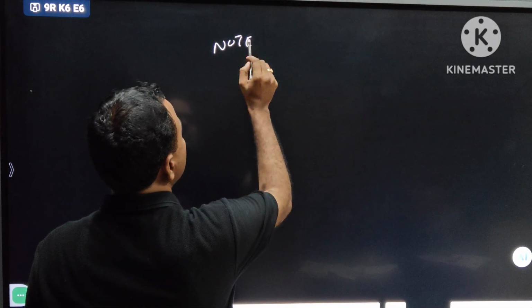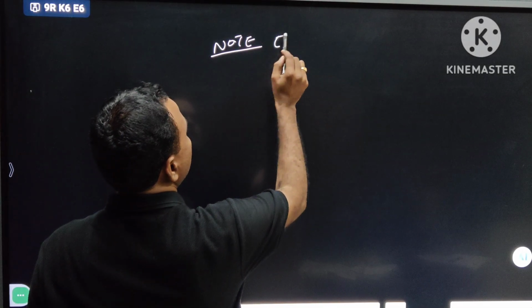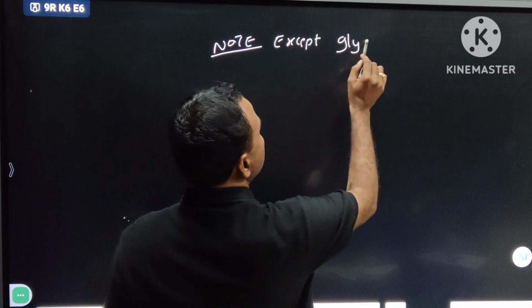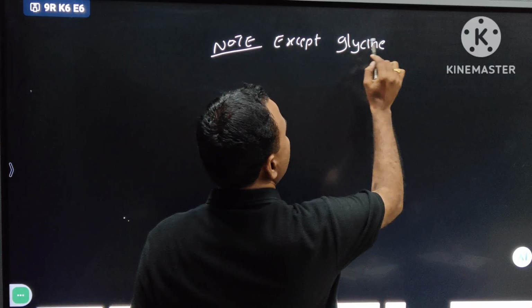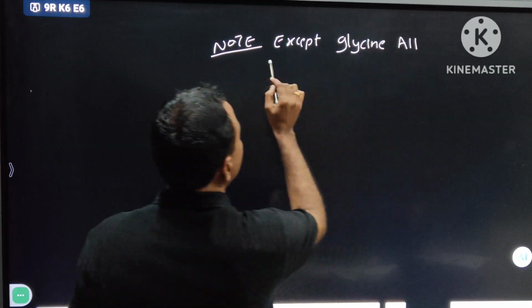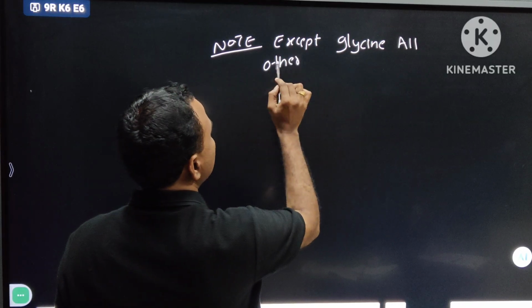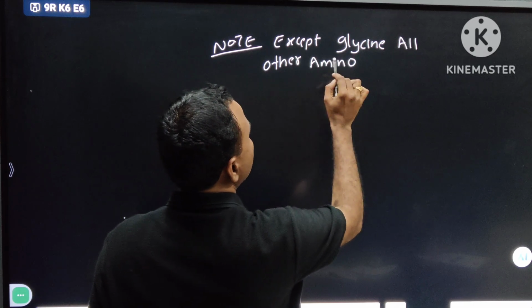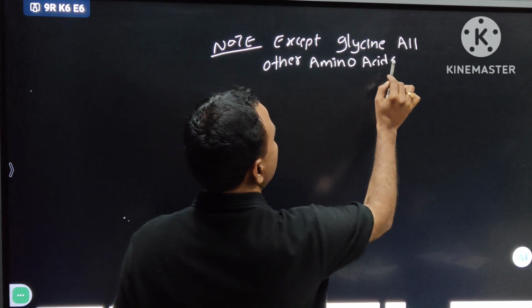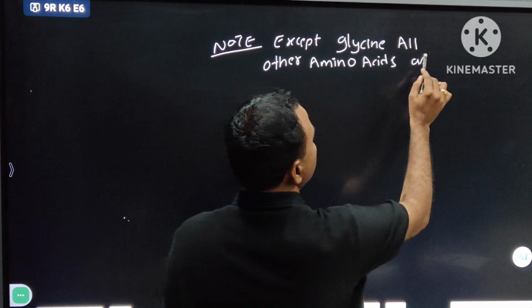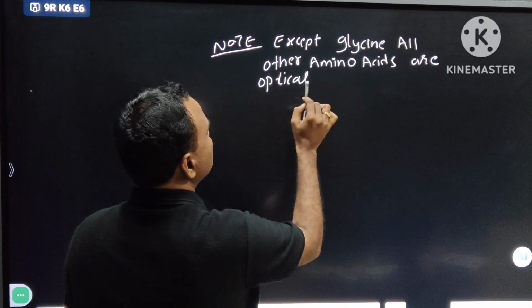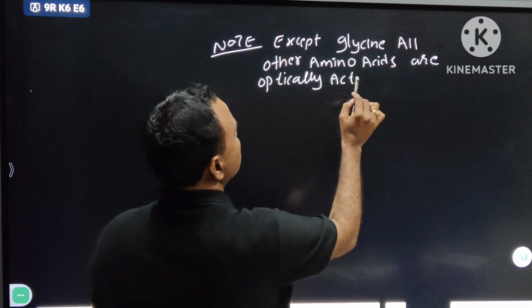Before starting these structures, write one note. Except glycine, all other amino acids, essential or not, are optically active.